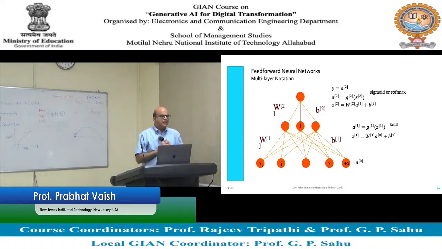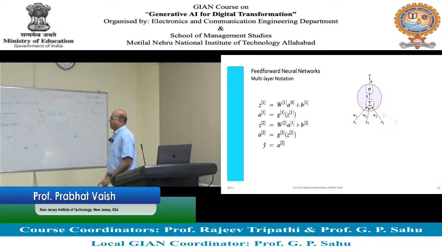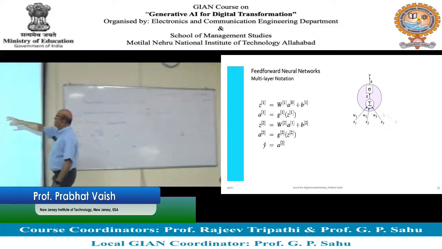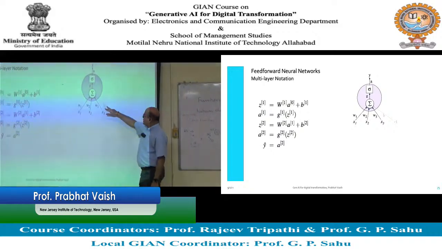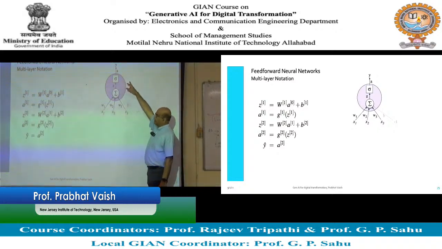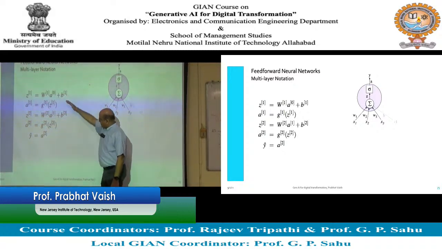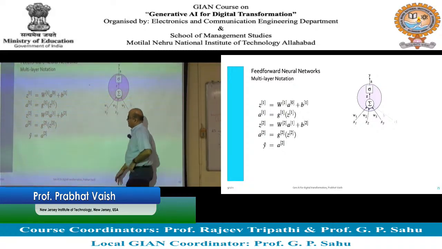Make sense? Now, I'm going to take one more approach here. We have seen this picture before, right? Single neuron, inputs, fixed bias, and then summation, activation function, and a single output. If you take that and use it in multi-layer notation, this is what it's going to look like.